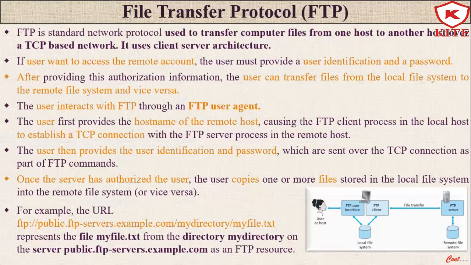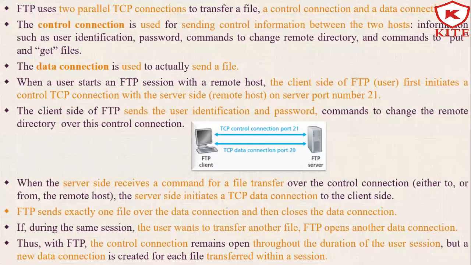So FTP uses two types of connection. The first is the TCP connection, or control connection, and the second is the data connection, which is used for file transferring. Let us understand in detail. The control connection is used for sending control information between the two hosts, here the FTP client and FTP server.